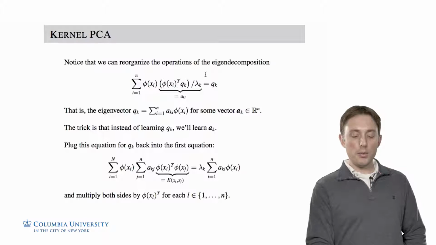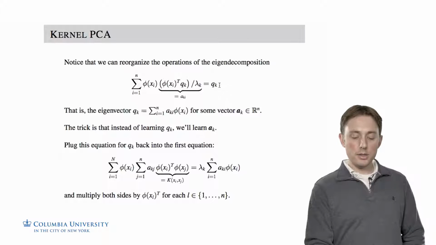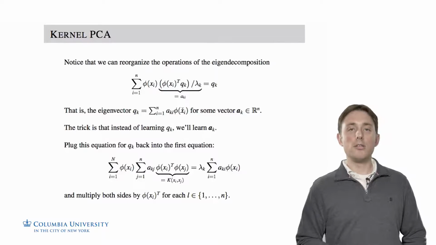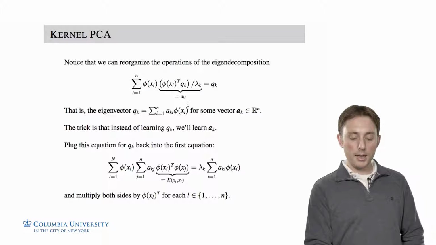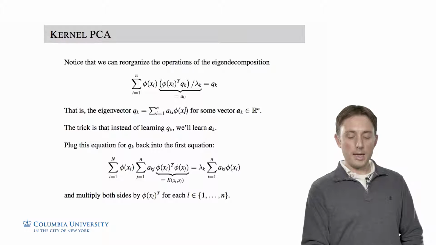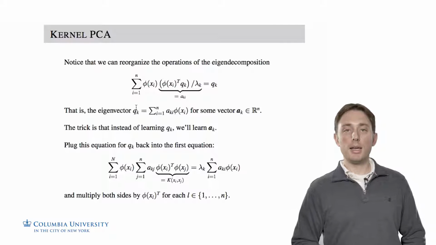Now notice that what I've done, and it's not clear why this will help me yet, is shown that I can actually represent each eigenvector qk as a linear combination of my data projected into the higher dimensional space. So I can take my ith data point, project it to the higher dimensional space, multiply it by a ki, where i is paired with the data point, sum it over each of my n data points, and that's my kth eigenvector.